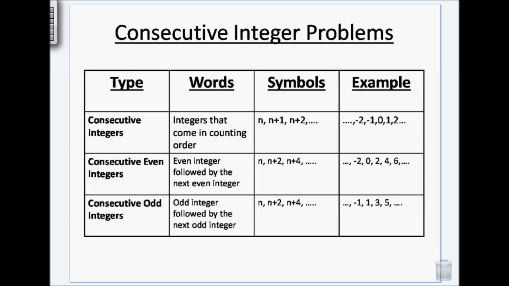Consecutive integer problems come up a lot, and there are 3 kinds: consecutive integers, consecutive even integers, and consecutive odd integers. Consecutive integers: if you pick any number, say 8, my consecutive integers would be 8, 9, 10, 11, 12.